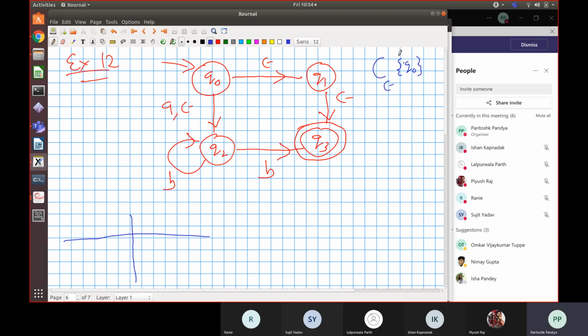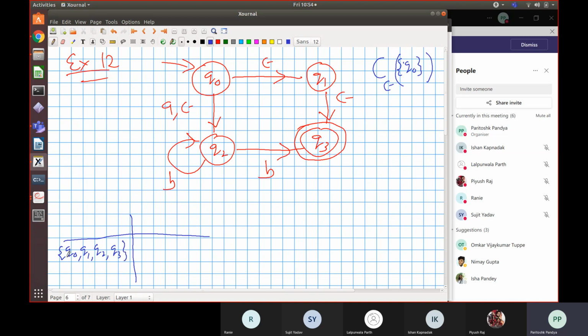You do something called C epsilon of this. That is the epsilon closure of this set of start states. What will be the epsilon closure of the set Q0? All of Q0, Q1, Q2, Q3. Right. So I'll get all the states. So I'm going to write down the epsilon closure of the set of start states, Q0, Q1, Q2, Q3, as my start state.